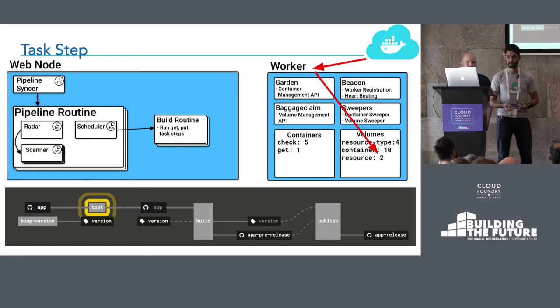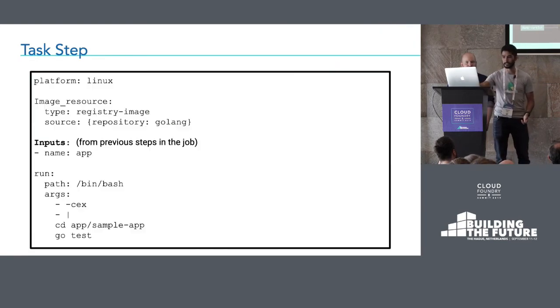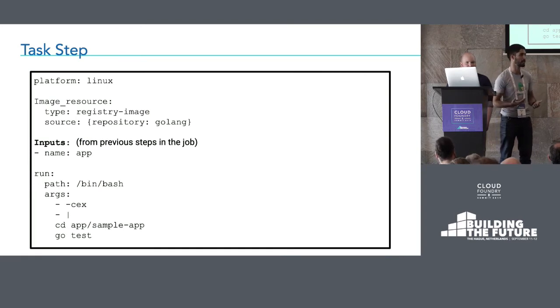Now our task step has that container image, and the last thing it needs is its input volumes. These are volumes that existed from previous steps in your job. Typically these are satisfied by get steps, and they can be satisfied from the output of other tasks as well. But in this case, the only input is the app volume that we want, and that came from the previous get step.